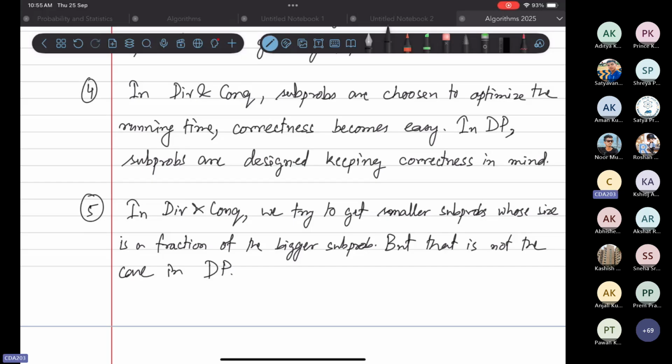So these are mainly the differences that you should keep in mind while designing, when deciding which one you would like to apply. Once you have to apply dynamic programming, first you have to come up with a recurrent solution.